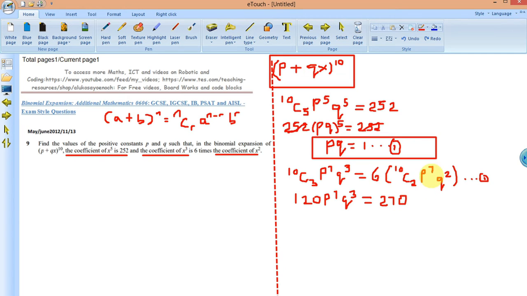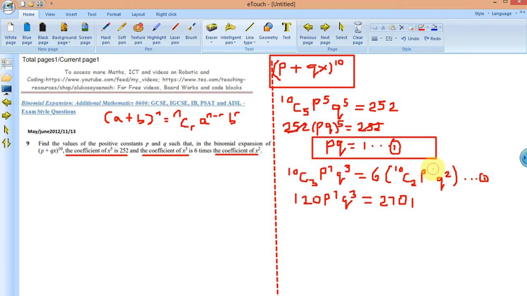This one, how come I have, because this is meant to be n minus r, so 10 minus 2, this is actually 8. I'm sorry about that. Maybe my handwriting is somehow off. This is actually raised to the power 8. Let me just take my eraser so as not to mess everything up.